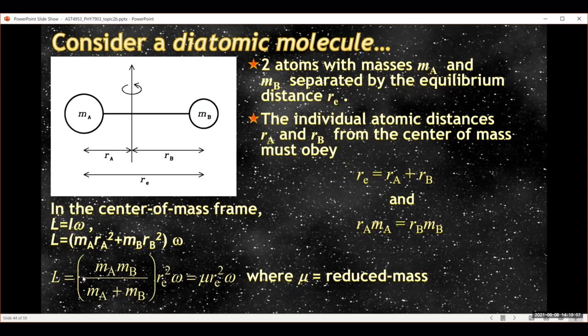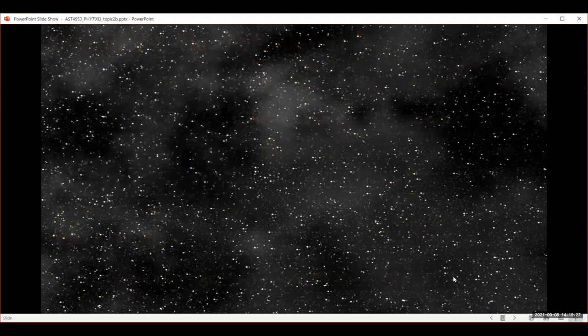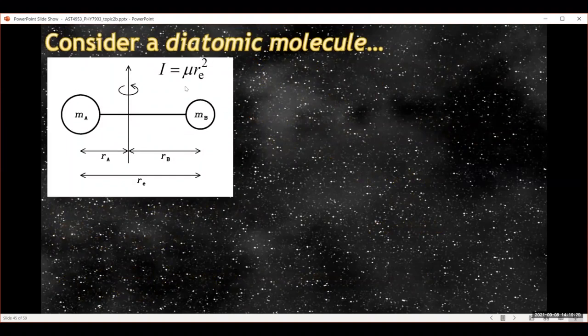And this is just reduced mass. You can substitute this mu value in here, and this is how you calculate that mu value. So now we've got that the angular momentum is given by mu, the distance between the particles, squared, and their angular velocity. The moment of inertia is just mu times the distance between the two, squared.